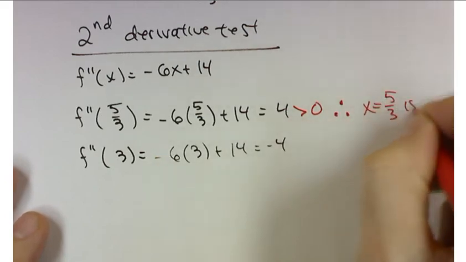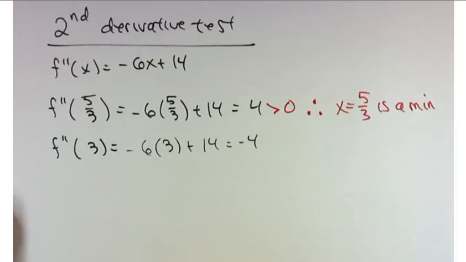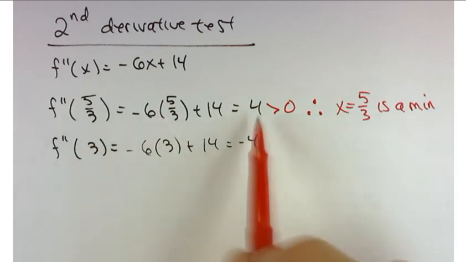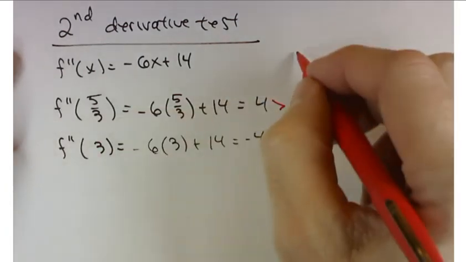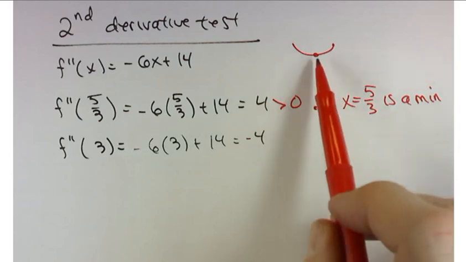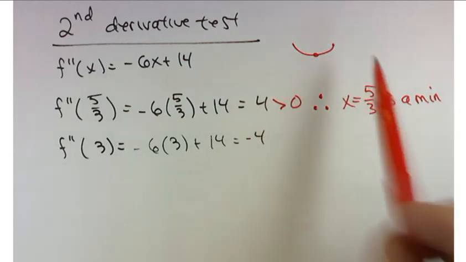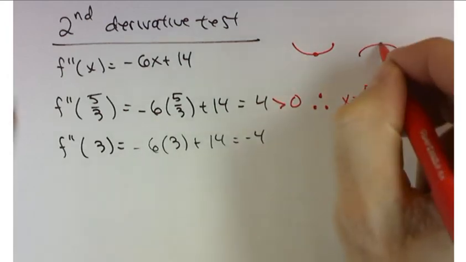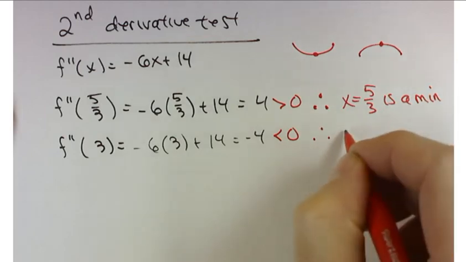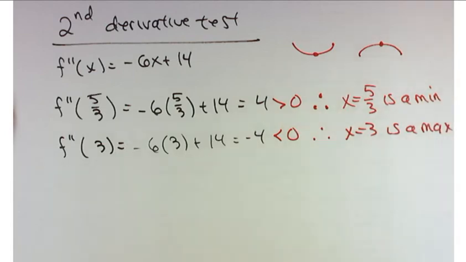Because the second derivative is greater than 0, the shape of the function at that critical point is concave up. If you have a critical point where the function is concave up, it has to be a minimum. If you have a critical point where the function is concave down, then what has to happen? Yeah, this is a max. So it's the opposite of what you would think, maybe a little bit. Now that's the second derivative test.